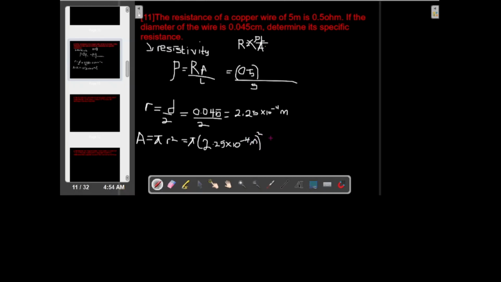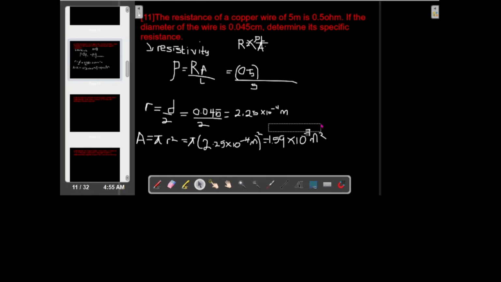And on evaluating that using the calculator, you are supposed to get 1.59 times 10 to the negative 7 meter squared. All right. So we can then input this into our calculation from there.